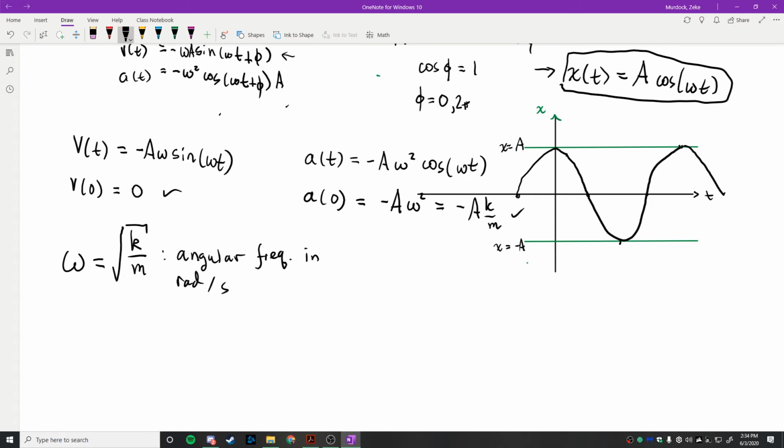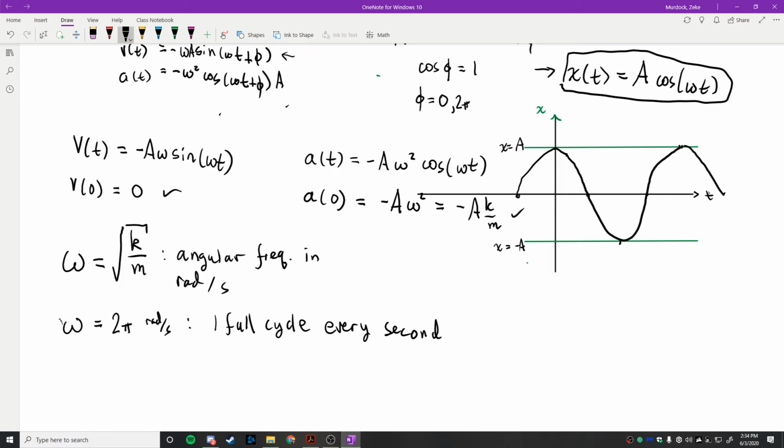For example, omega could be equal to 2 pi radians per second. What that would mean is that it goes through 1 full cycle every second. What's a full cycle?